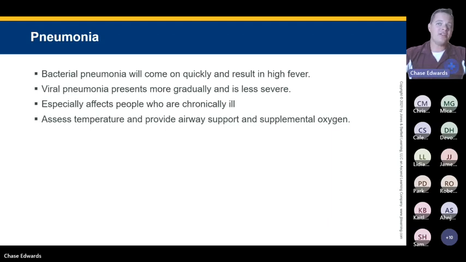Pneumonia especially affects people who are chronically and terminally ill, with underlying conditions. So you want to assess the temperature to determine presence of fever with all your patients who are having a possible issue with pneumonia. Then you've got to provide airway support and supplemental oxygen. With pneumonia, a lot of times, if it's indicated, CPAP works really well, especially if they have a lot of fluid in their lungs, because it will push that fluid out of their lungs, helping them breathe better.